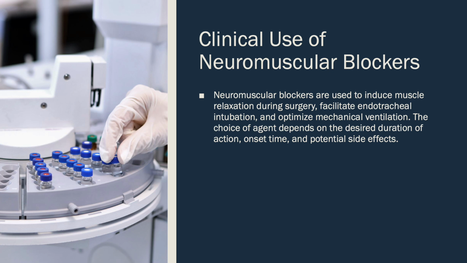Now, the choice of a neuromuscular blocker depends on factors like the duration of surgery, the patient's condition, and what side effects they have. Our depolarizing agent, succinylcholine, is often used for a rapid sequence induction due to that quick onset and short duration. You contrast that with our non-depolarizers like rocuronium and vecuronium, which are used for longer surgeries due to their prolonged effects. And you have to monitor these drugs to ensure that we are dosing appropriately and avoid complications like residual paralysis after surgery.